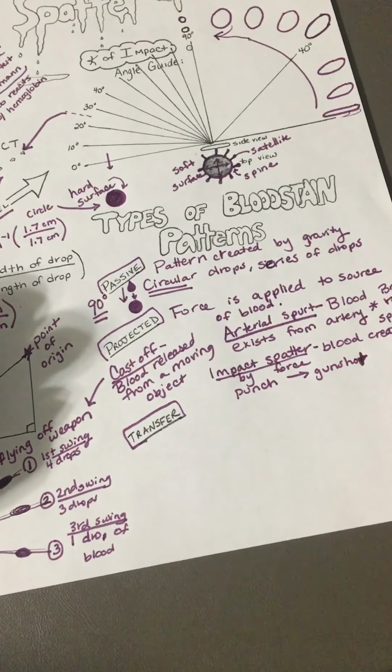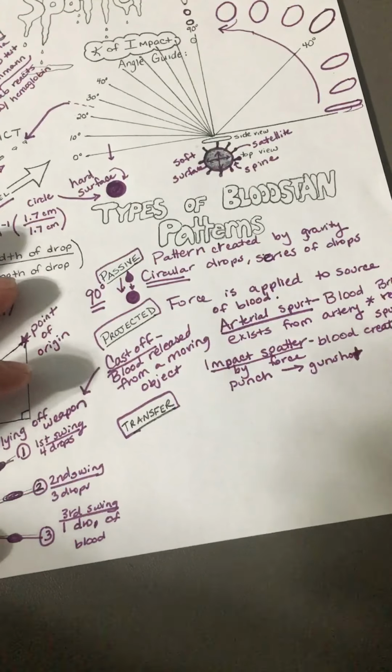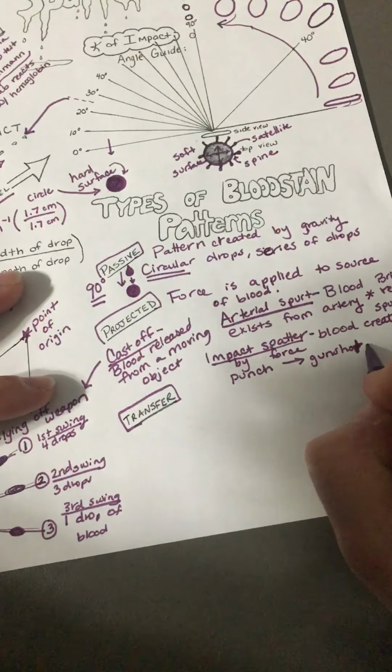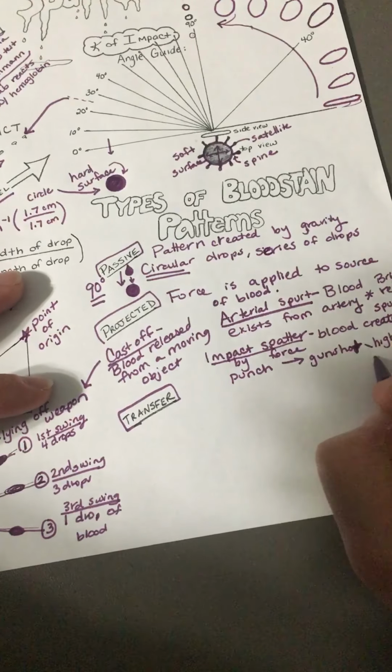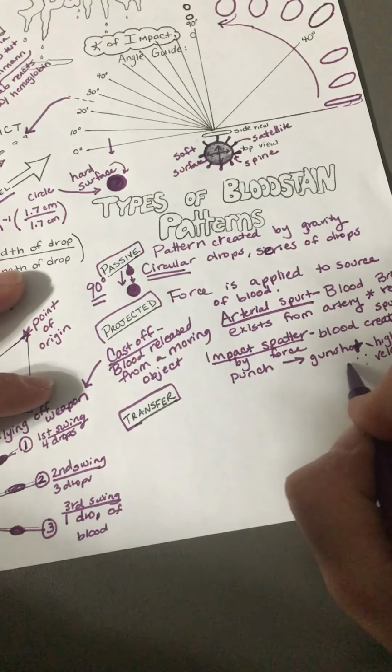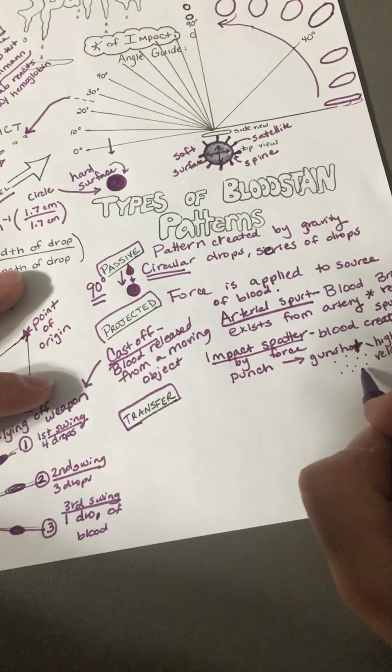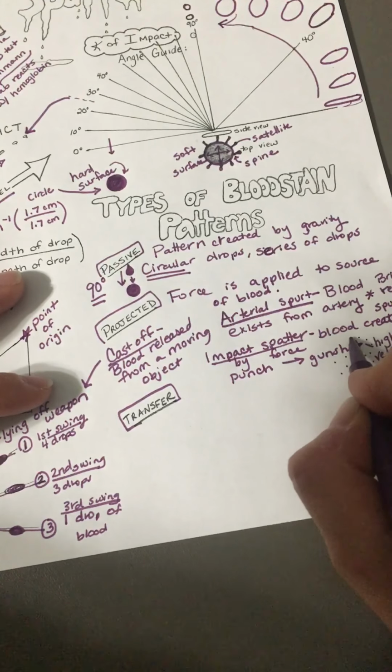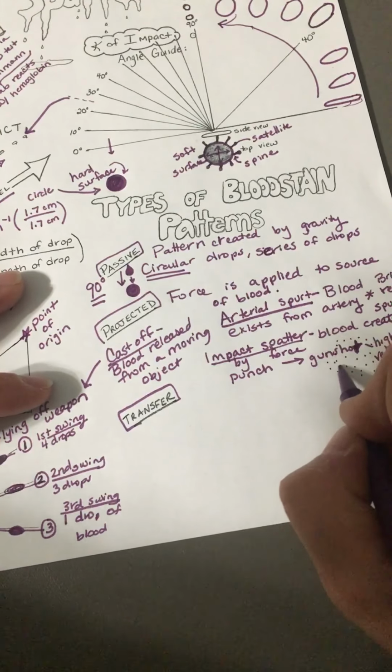And if we're talking about a high velocity, something like a gunshot, this would be very high velocity blood spatter, and it would be very, very small, like speckles of blood all over the place. So it would be high velocity.